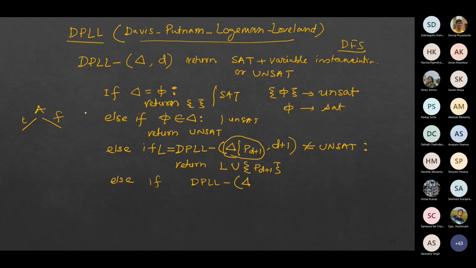So if we are choosing this branch, we have to condition this knowledge base on P negated, D plus 1. And of course, we are doing this for the depth D plus 1. And if it is not unsat, then we will return L union negated P, D plus 1.